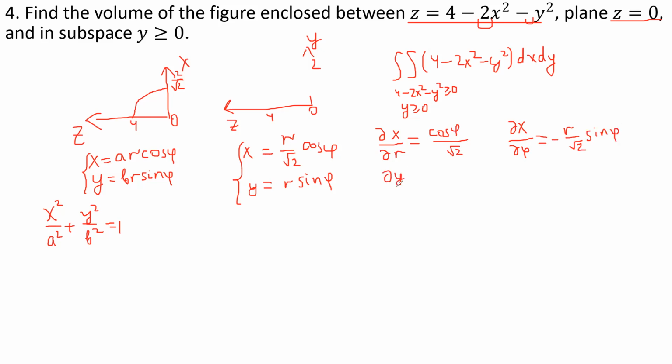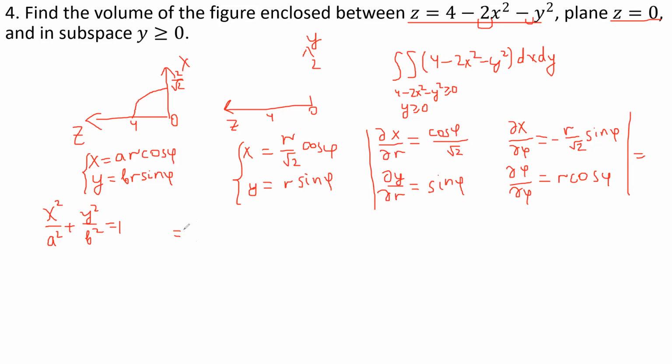We need dy over dr, which will be just sine of phi, and dy over d phi, which will be r cosine of phi. And we need to find the determinant of this matrix, and this will be our Jacobian.